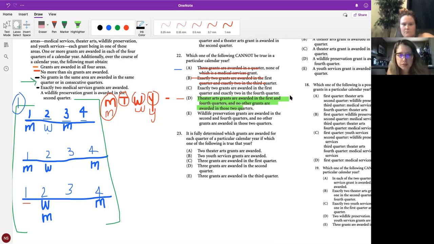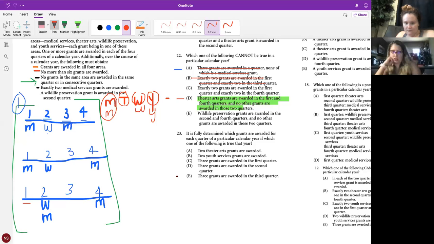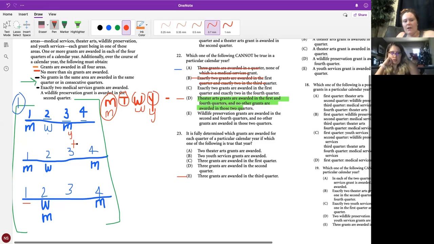3 grants. I'm going to start from the bottom just to see. 3 grants are awarded in the third quarter. Okay, W, can't have W there. Then you have Y, T, W. Okay, so not in the third spot again, because that violates the consecutive rule. Wait, 3 grants are awarded, but M, Y, and T. Oh, but it would be this one.